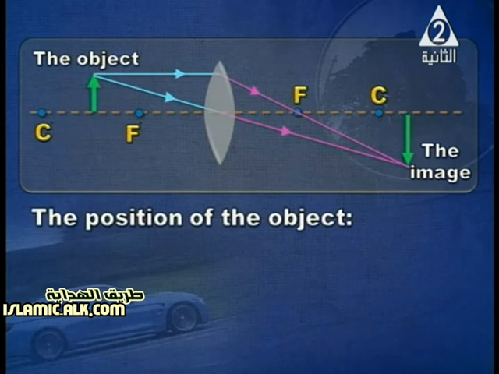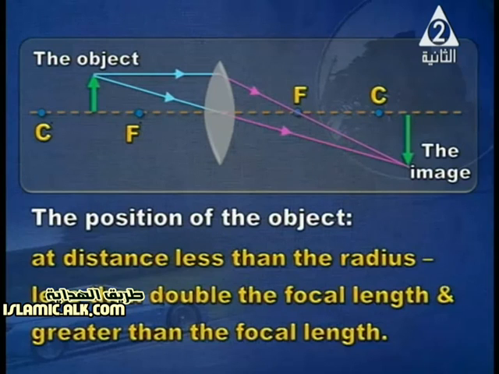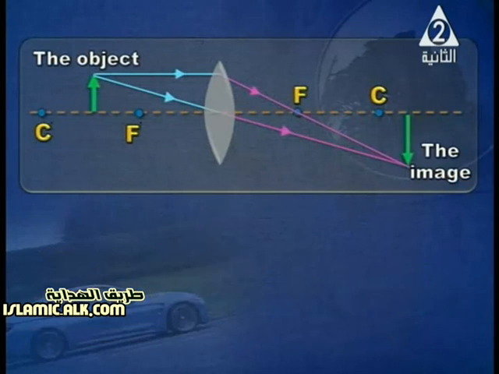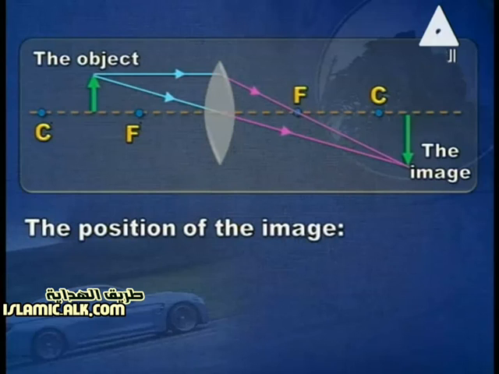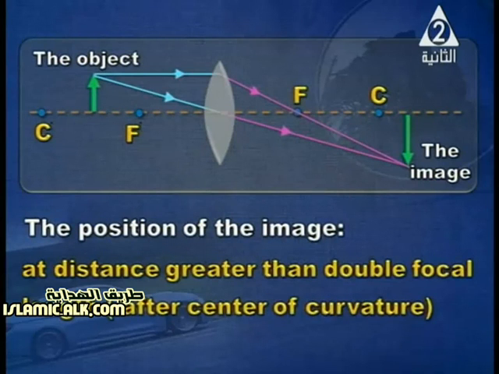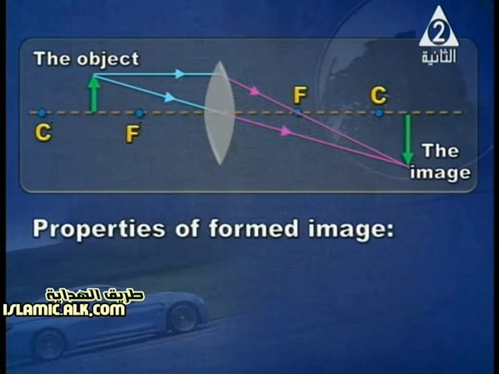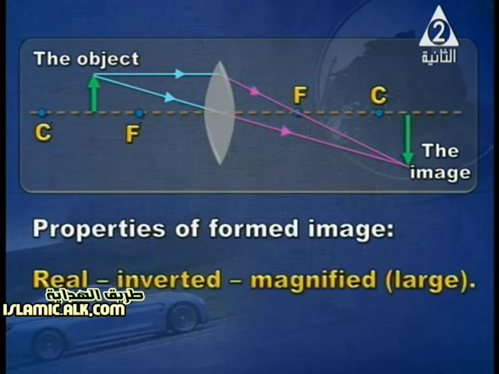The position of the object is at a distance less than the radius, or less than double the focal length, and greater than the focal length. The position of the image is at a distance greater than the radius of curvature, or greater than double the focal length. What are the properties of this image? This image is real, inverted, magnified, or large.